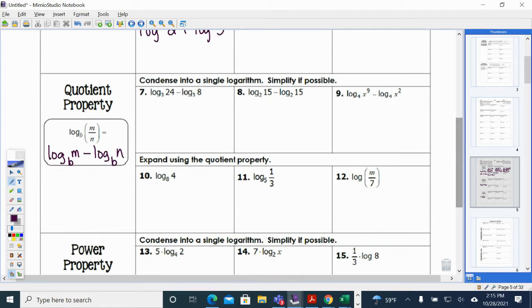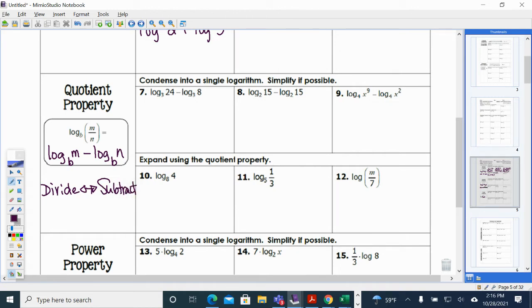Moving on to the next property, which is your quotient property. The quotient property says log base b of m divided by n is log base b of m minus log base b of n. Relate this to the rules of exponents, where if we are dividing, exponents subtract. So divide goes with subtract.